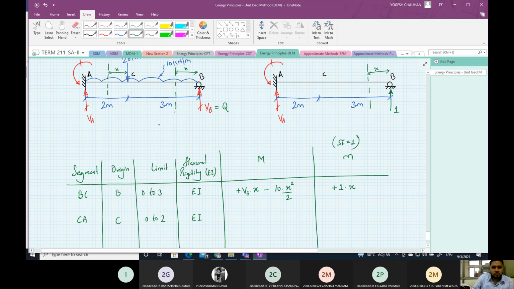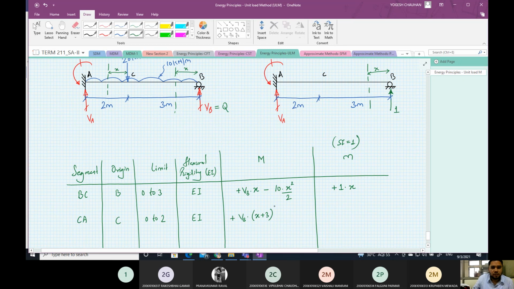So in that case, it will be plus VB into x plus 3, because the distance of VB from this section XX will be x plus this 3 meters.